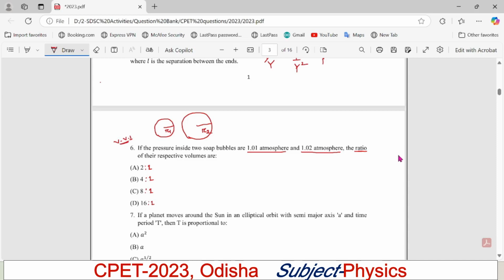Okay, what we know is the excess pressure inside a soap bubble. You just remember this expression, it is most important.